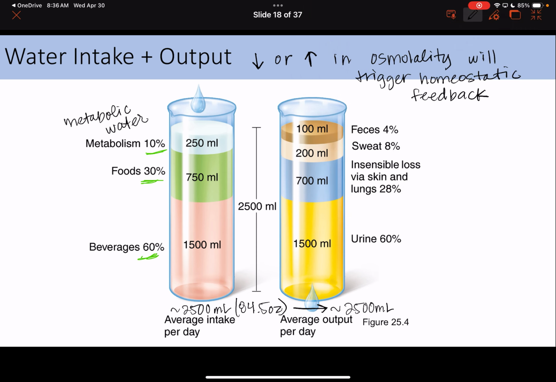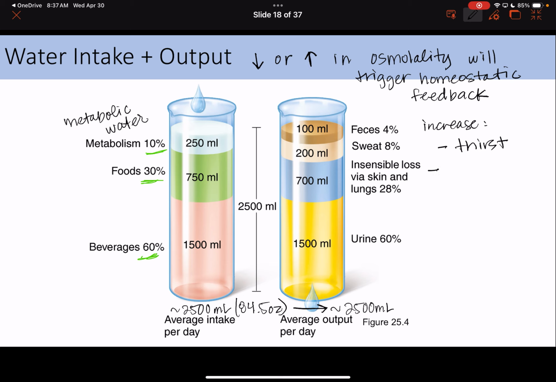So if we experience an increase in osmolality, where our body ends up being more concentrated than it should be, that's going to trigger our thirst mechanism so that we intake more water, dilute the concentration that's within our body to bring us back to normal.